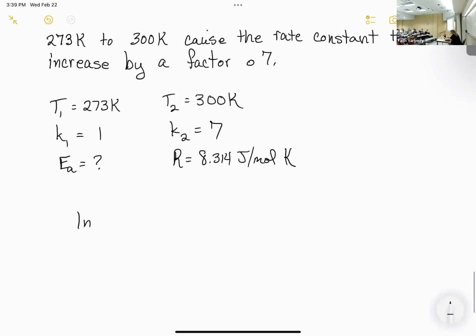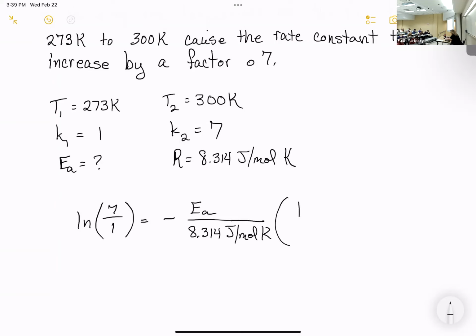So our natural log of K2 over K1 is going to equal a negative E sub A over 8.314 joules per mole Kelvin times 1 over T2, 300 Kelvin, minus 1 over T1 of 273 Kelvin.